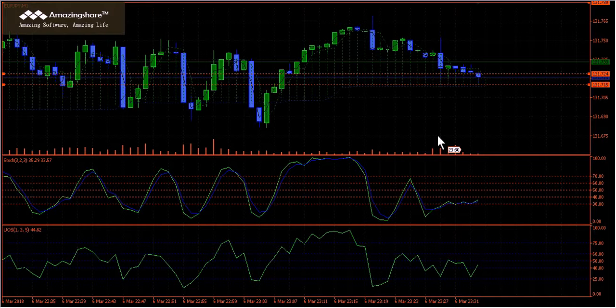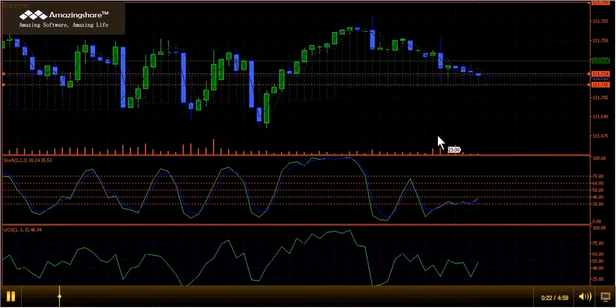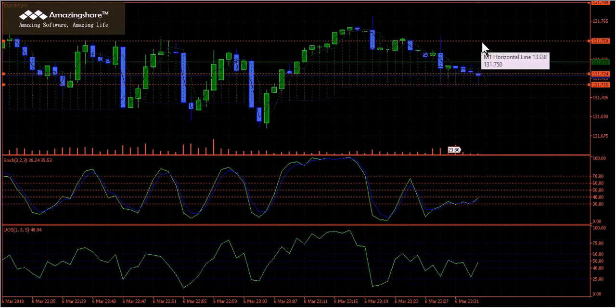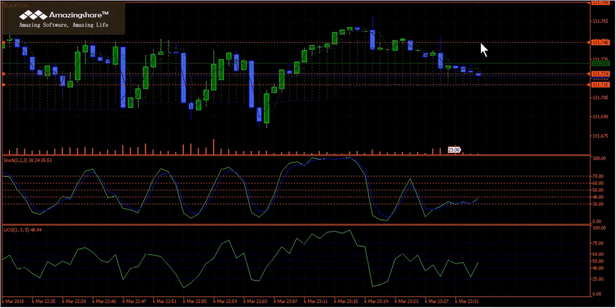We just got in on the ask at 131.72.4. Long Euro Yen. Looking for a very quick move up. I don't want to get on the top of that wick.